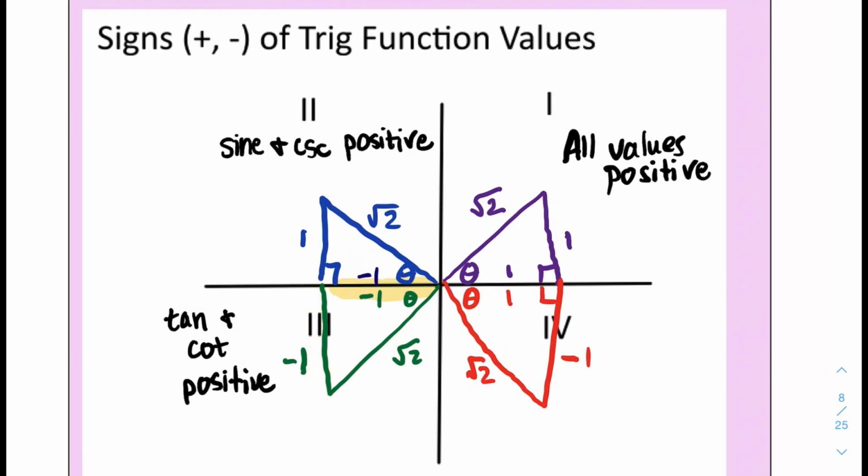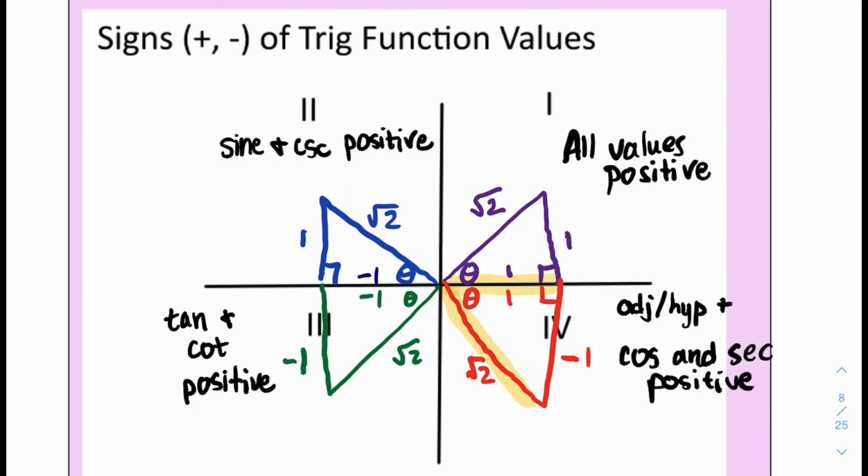And then in quadrant 4, now I have 2 positive sides, my adjacent side and my hypotenuse. That means cosine and secant, its reciprocal, would be positive, but all of my other trig function values are going to be negative, because that's the only way I can divide 2 sides and get a positive value.